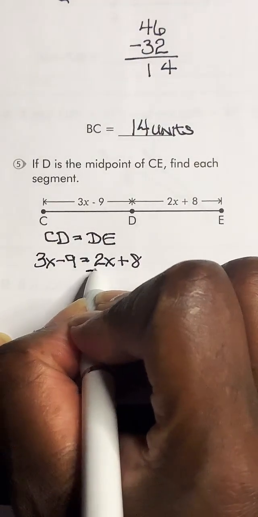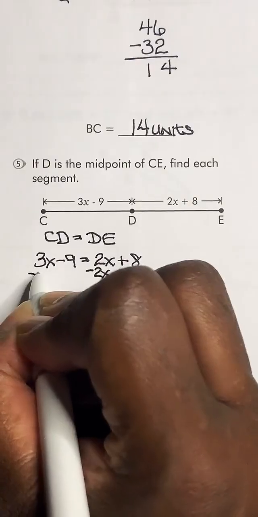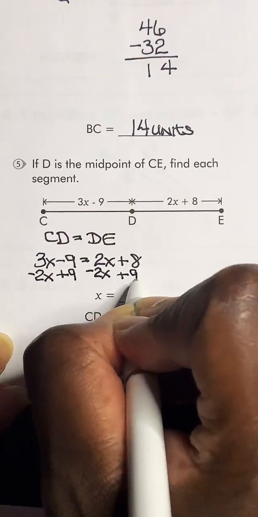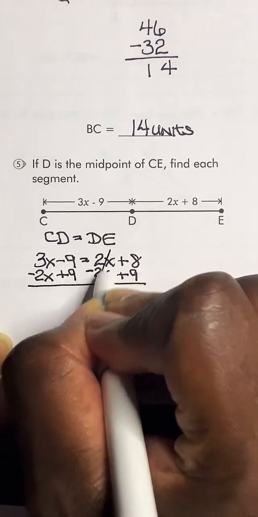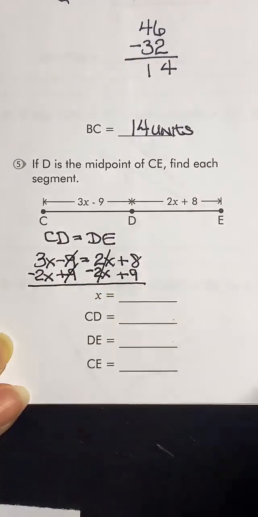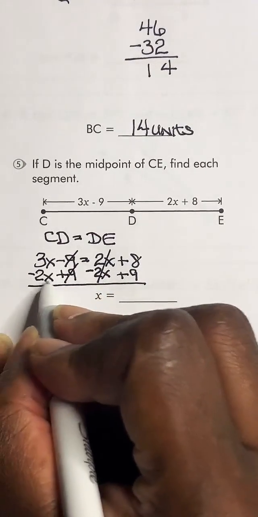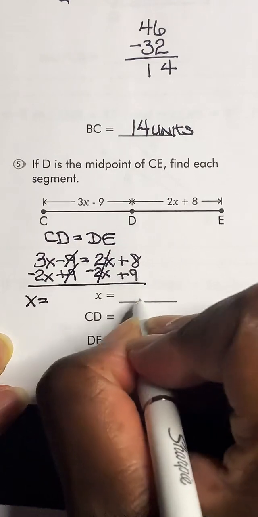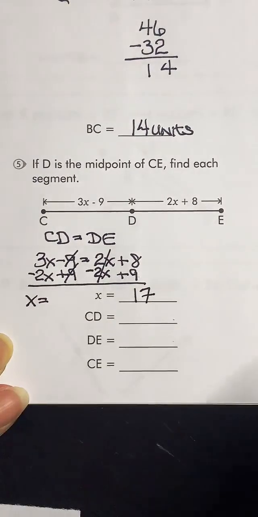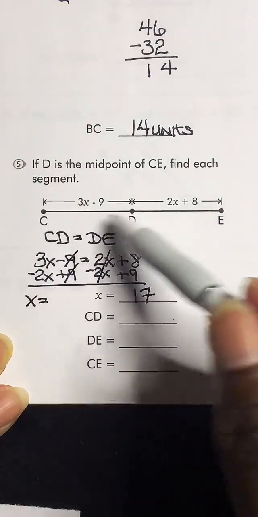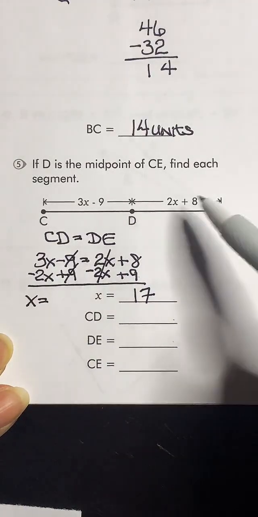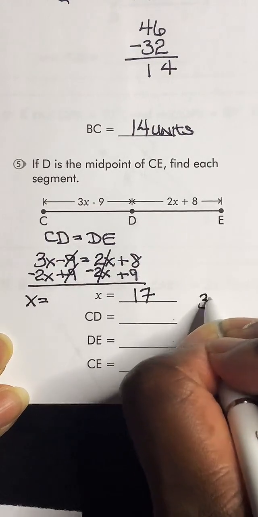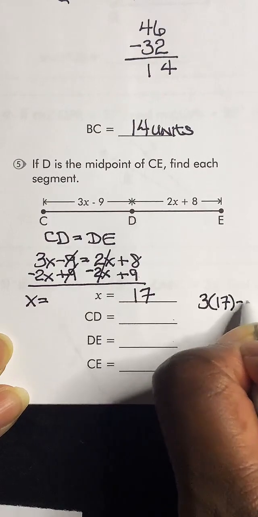So if I subtract this 2x on both sides, and if I add this 9 on both sides, the x's will cancel here, the 9's will cancel there. Then I got 3x minus 2x, that gives me x, equals 8 plus 9, that gives me 17. So now for me to find CD or DE, because both of them are going to be the same, I plug it in. So it's 3 times 17 minus 9.